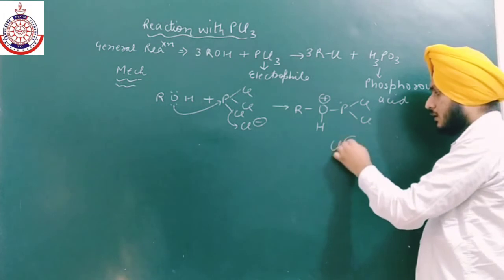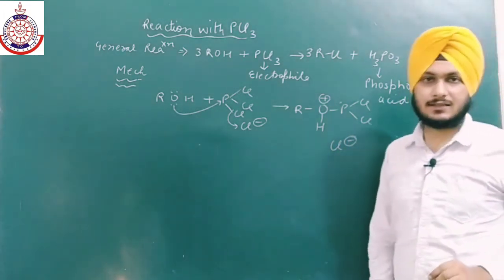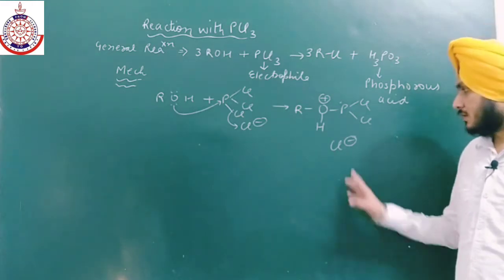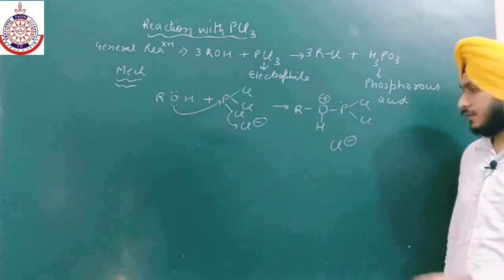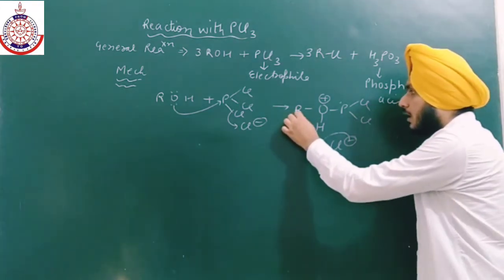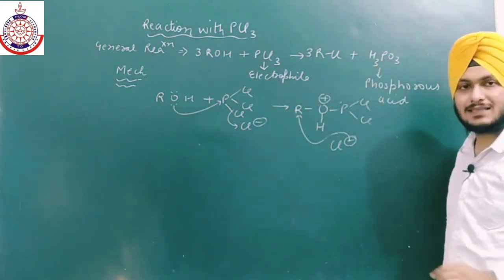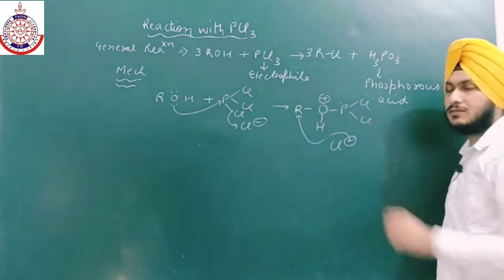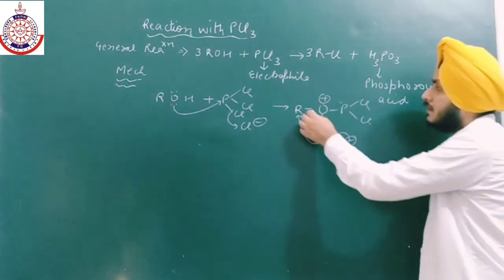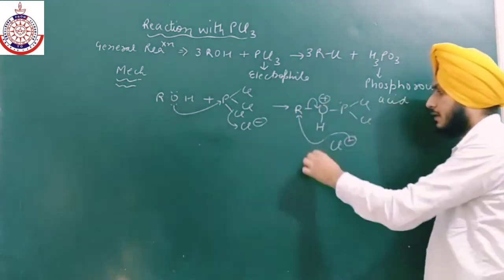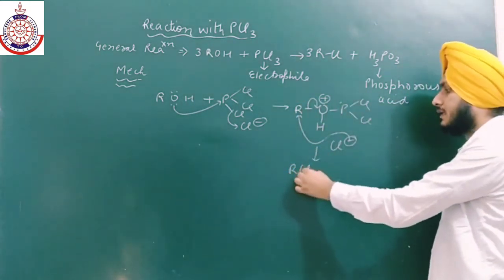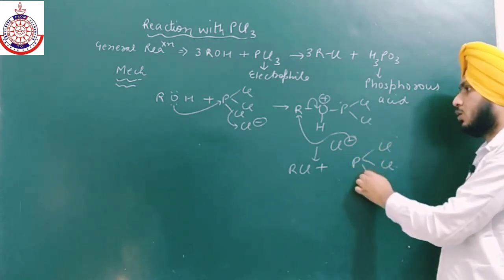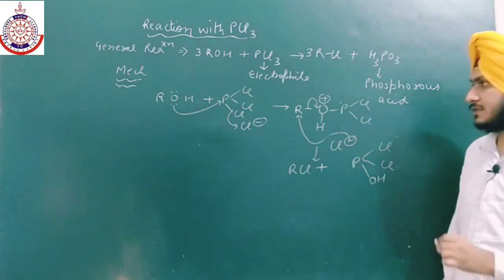Now there is no other species present in the reaction mixture, so that Cl will attack the alkyl group, and that is why this reaction is known as a nucleophilic substitution reaction. We all know that positive charge on the oxygen atom is highly unstable, so this bond will break, and we will get the product RCl plus P, Cl, Cl and OH. So this is the first step.